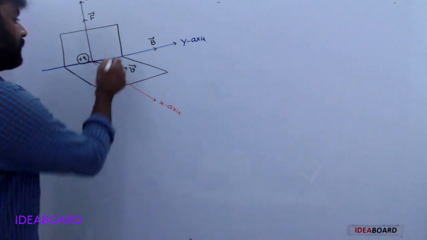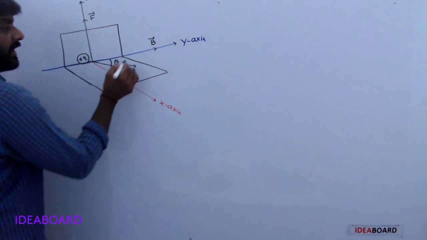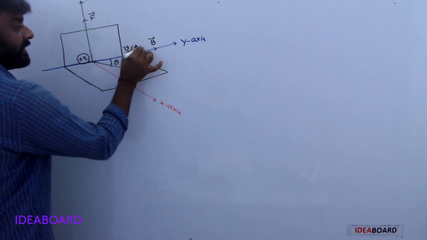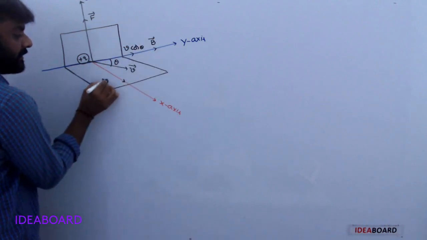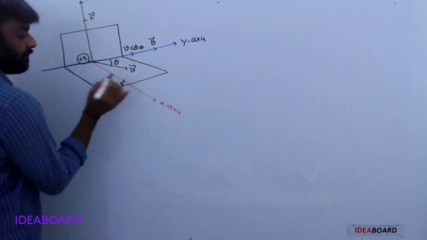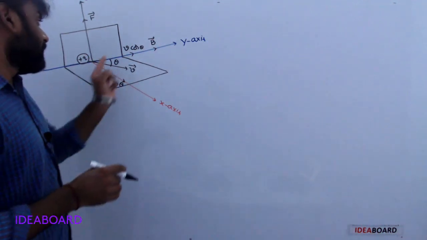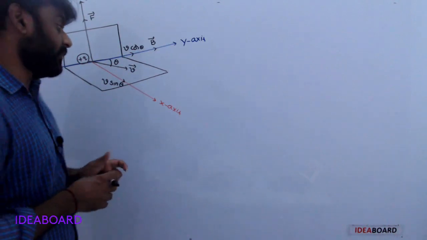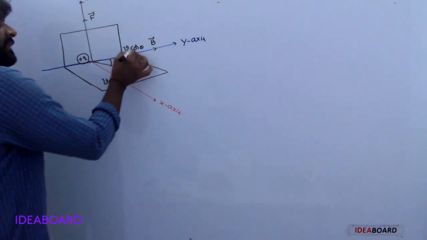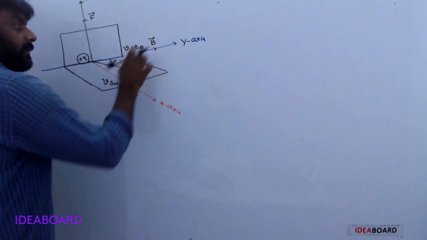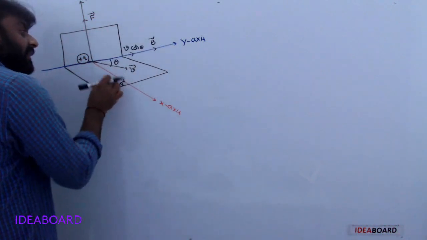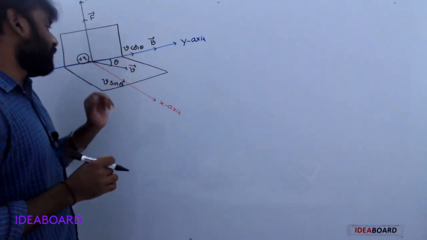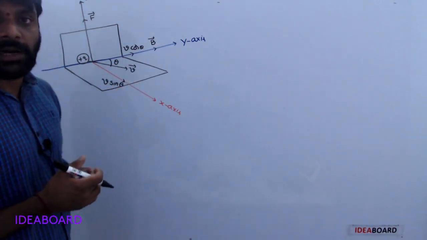It is resolved into two rectangular components: one is v cos theta, another is v sin theta. v cos theta is parallel to B bar, and v sin theta is perpendicular to B bar.